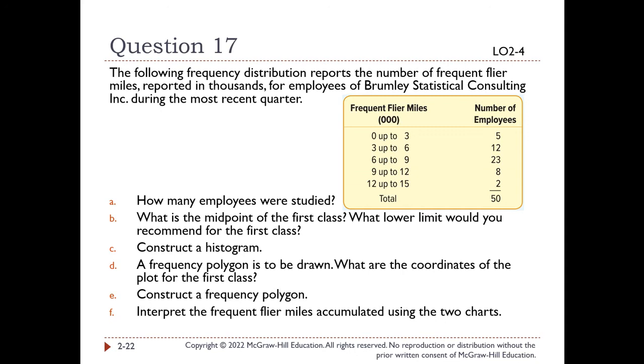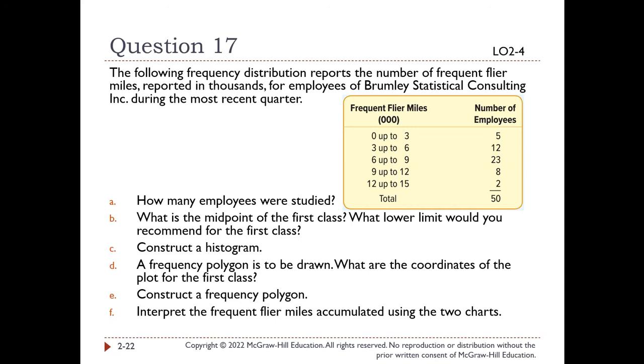Okay, if we want to interpret the frequent flyer miles, since this is cumulative, also watch out for that, it's cumulative. We can find that about half of the employees, half of the 50, probably flew between 6,000 and 9,000 miles.